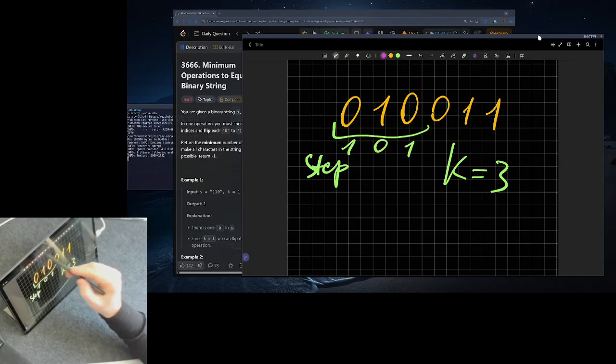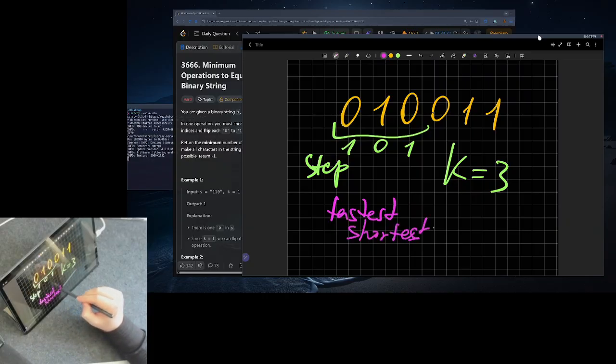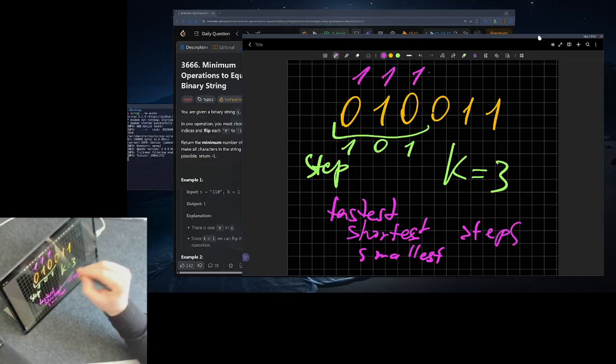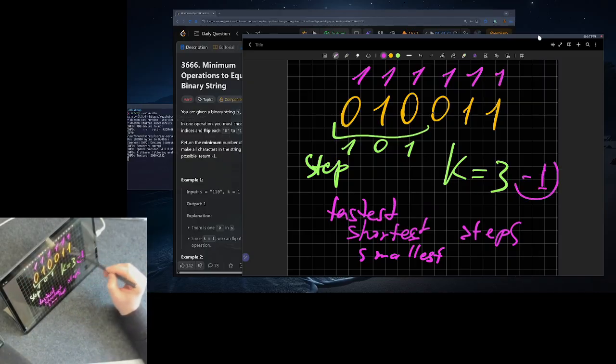And they ask us to find the fastest way, or shortest, or smallest number of steps to make it exactly all ones, and if it's not possible, return -1.